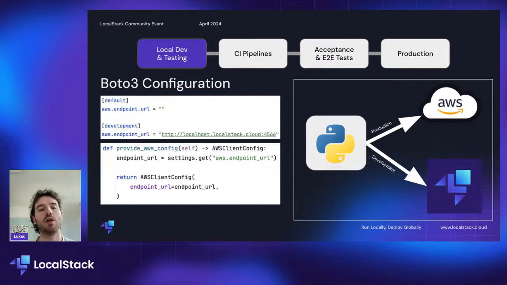In this case, we are specifying the default for the AWS endpoint URL to an empty string. And during development, we point it to localhost.localstack.cloud. That means that when we instantiate an AWS client config, we read the endpoint URL from our settings file, and we can be sure that during production, it will connect to AWS, while during development, it will connect to LocalStack.